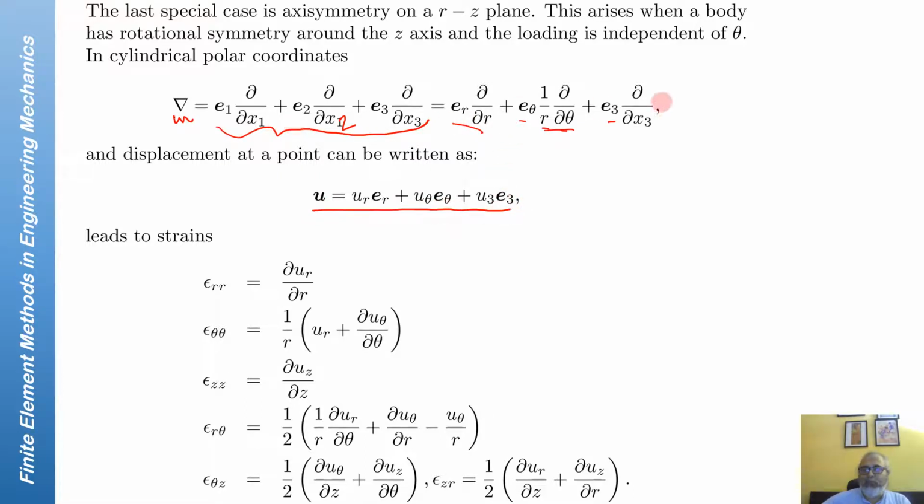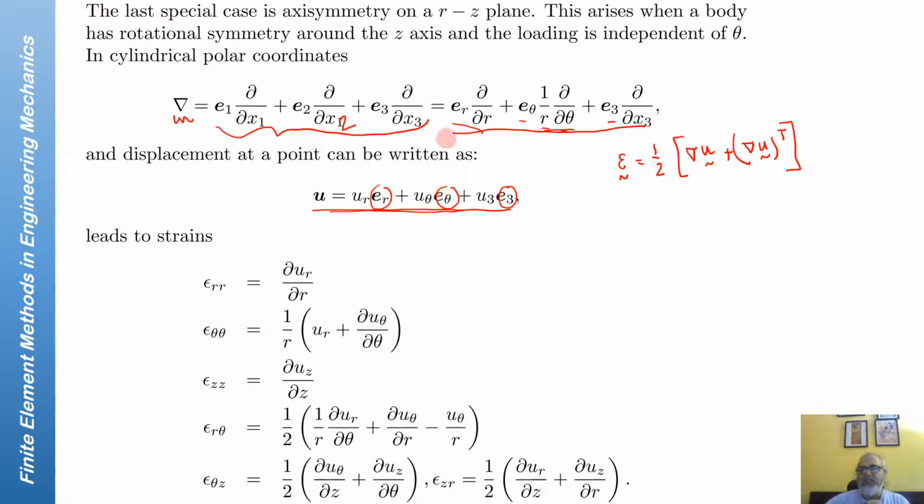Displacement at a point can be written as this. Here you remember we calculate the strains as the gradient of u plus gradient of u transpose. So for the gradient operator we use this, for u we use this, and we remember that er and e theta are functions of theta.